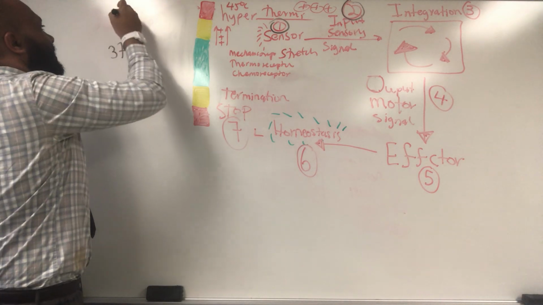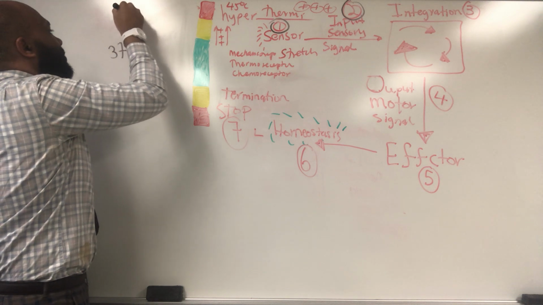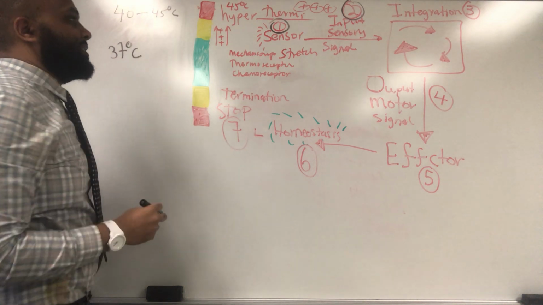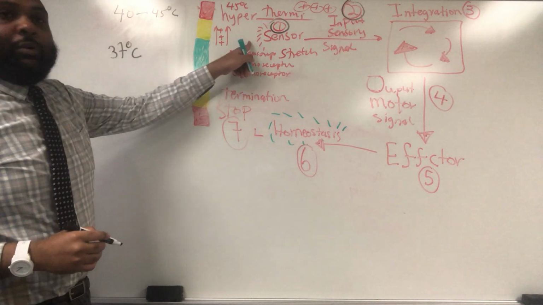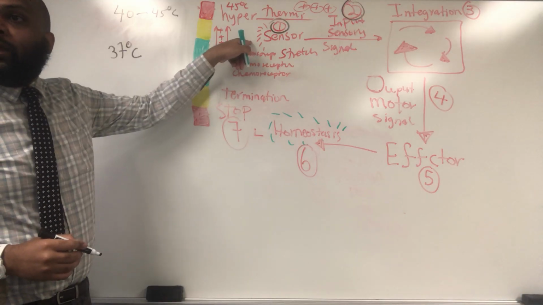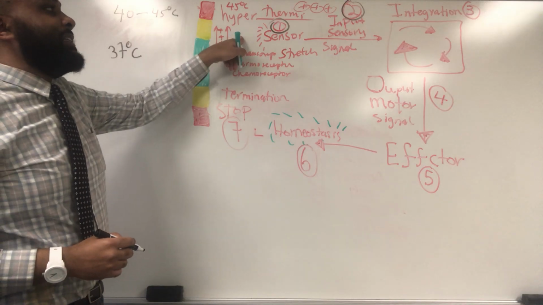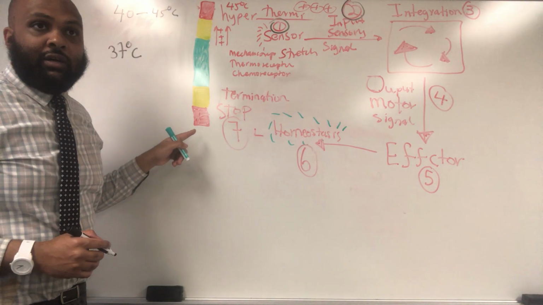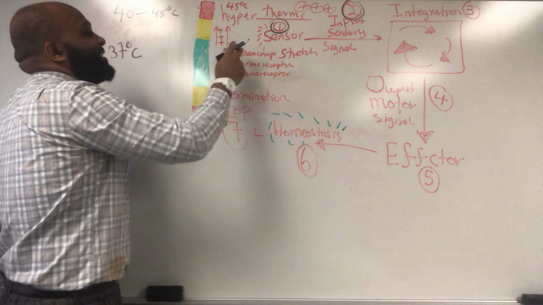Let's begin with an increase. So now when you are too hot, 40 to 45 degrees Celsius, what's going to happen? Step number 1, the sensor. The sensor is going to detect what? Is there a hyperthermia or hypothermia? Hyperthermia.